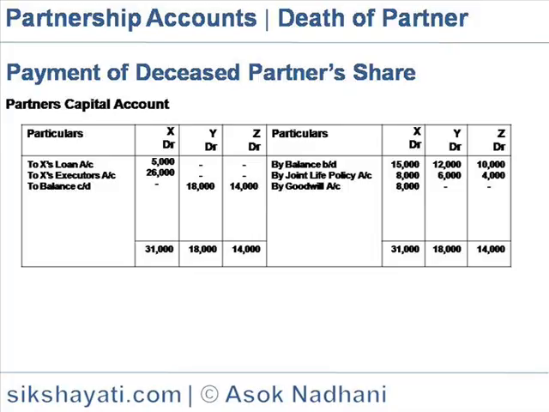Then X 26,000, that is the amount paid to X's executor, and the balance of Y and Z, 18,000 and 14,000, lying in their capital accounts is carried.